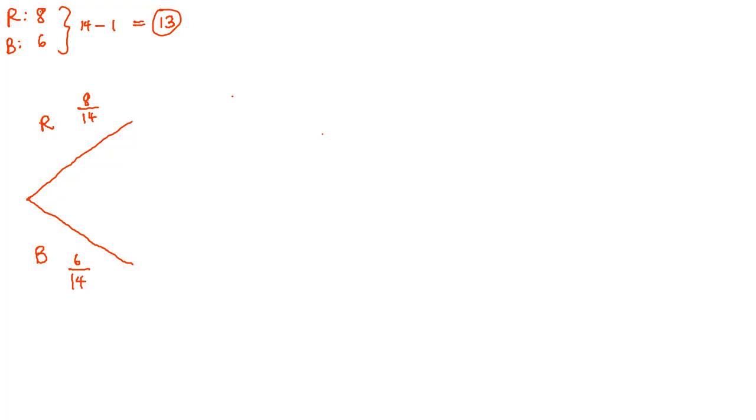So the first thing, and I'm going to draw it up first and then I'll explain it to you, is you're going to indicate that instead of 14 being the denominator, like we showed the first time, we now only have 13 to choose from.